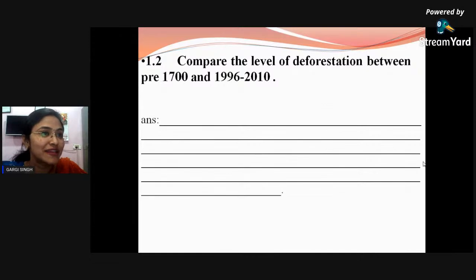Quick, other students, please give your answers. Pre-1700, 400 million hectare, 1996, Sakal Das, okay, fine. They are the same, Tej Narayan, are you sure?